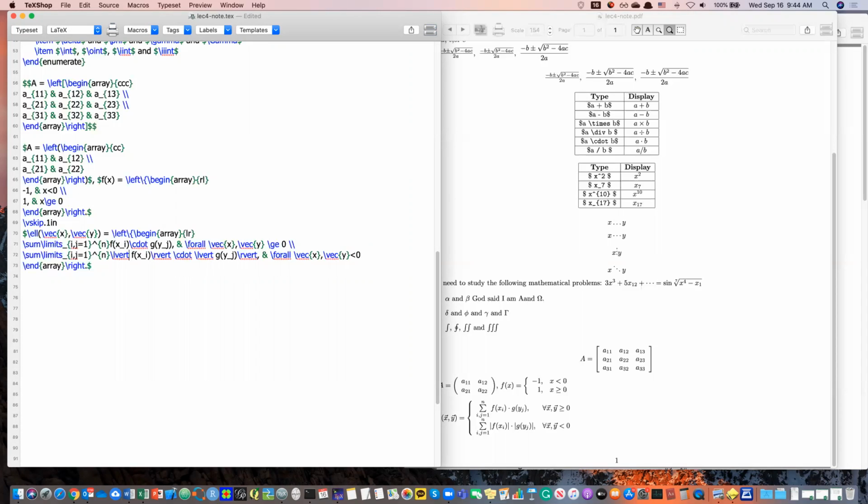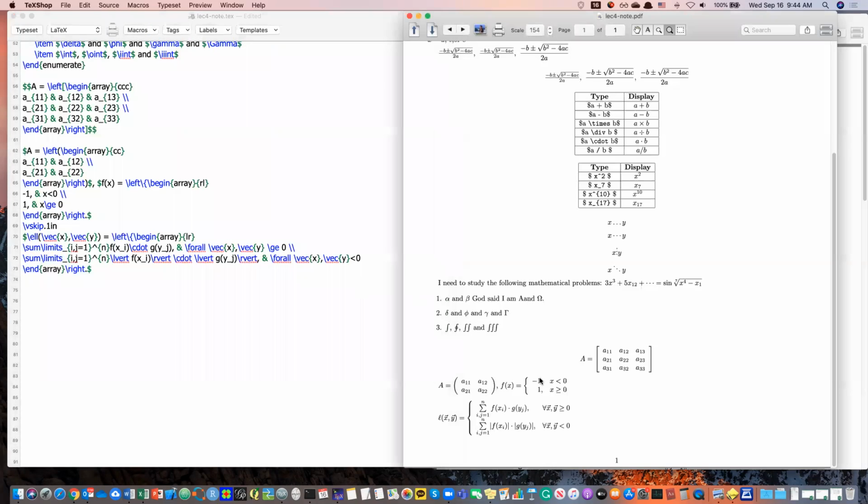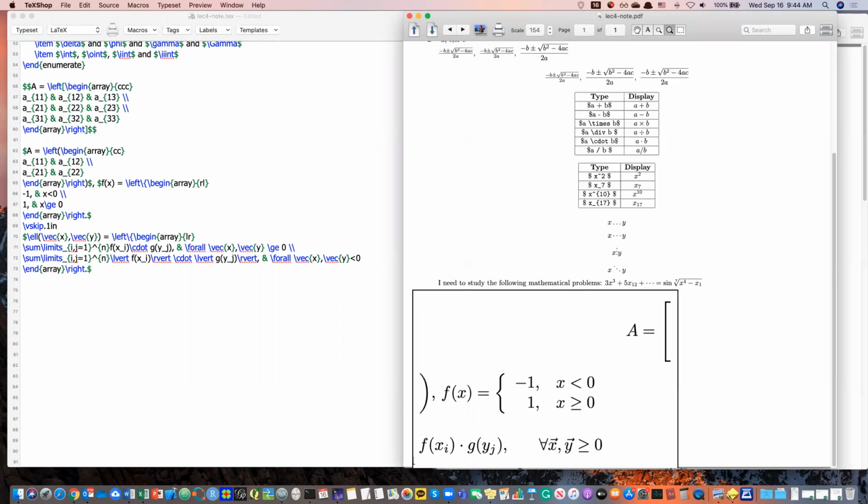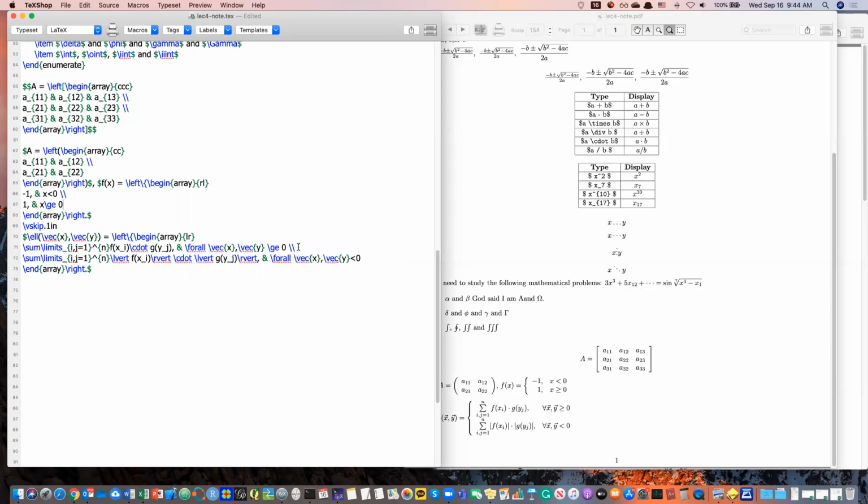Now next one. I forgot to mention the other way to express piecewise functions. The other way to express that is using cases.